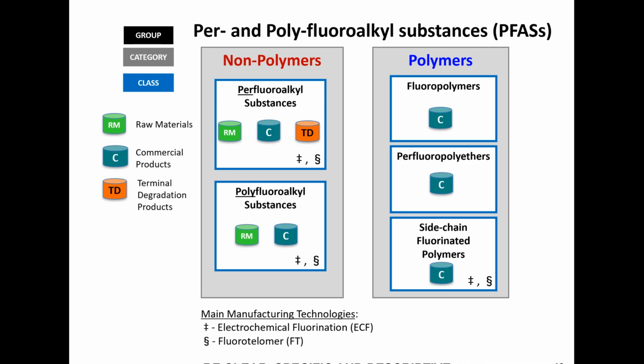But the two primary manufacturing technologies used to make many of these are electrochemical fluorination and the Fluorotelomer process. There are others. We're not going to talk about those today, but these are the two main ones. And you can see the iconography that we've put here to show where substances made by those processes land on this framework of PFAS.